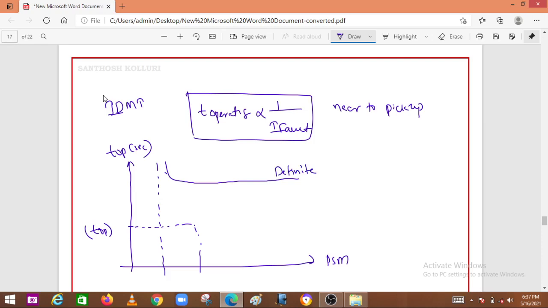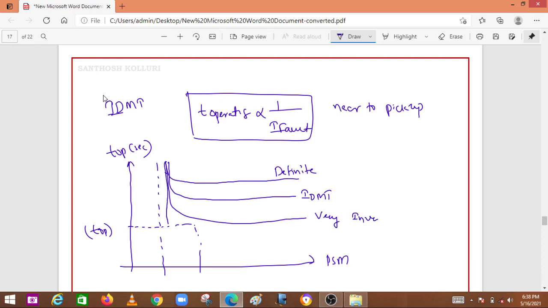This is the curve of the definite time overcurrent relay, and after that the IDMT relay, and after that the very inverse overcurrent relay, and the extremely inverse overcurrent relay. So these are the characteristics of all the overcurrent relays with respect to PSM as well as operating time.